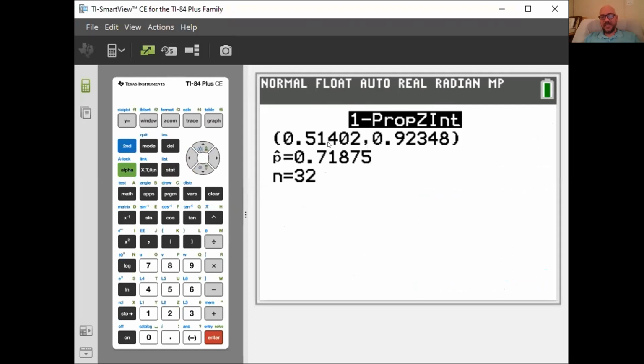Simone is 99% sure that somewhere between 51.4 and 92.3% of all regional managers feel positive about future prospects for business in their region. That is really wide. This is just barely more than half, and this is just barely under all of them. So somewhere between essentially 50 and 100% feel positive. It's not terribly useful information.